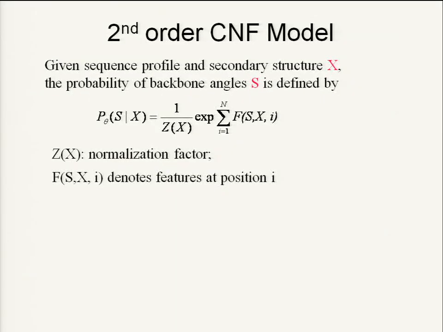the CNF model, here we use the second order CNF model. The CNF model aims to maximize the conditional probability of the backbone angles given a sequence profile. So f here is the feature function at each position.